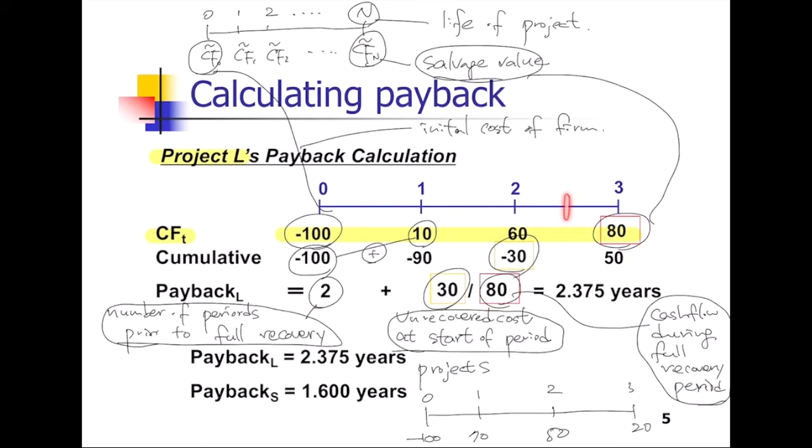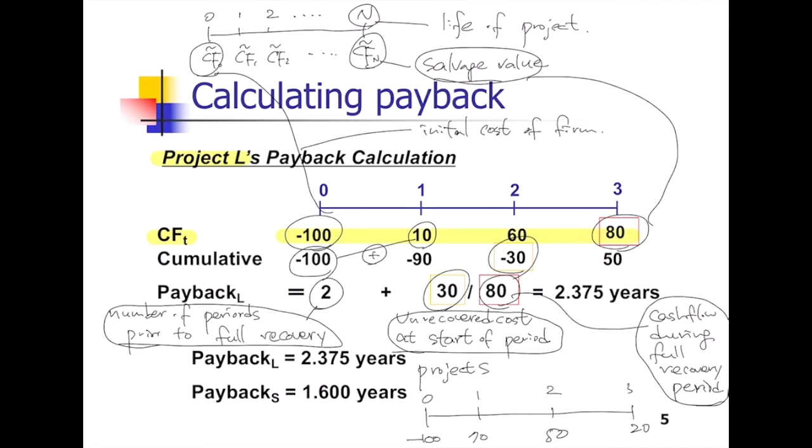The unrecovered cost is a negative number, but we put a positive number because we calculate the number of periods. So 30, divided by the cash flow during the full recovery period, which is here, not 50, but 80. Calculating this equation, finally you get 2.375 years.